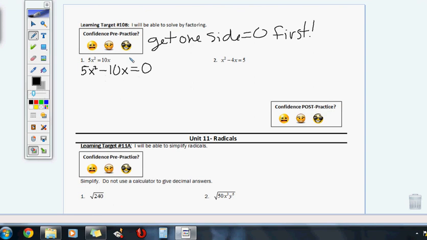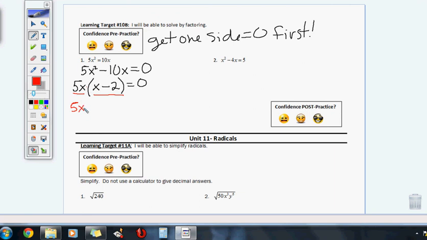Now we have to factor. It's called solve by factoring. So yes, a 5 comes out, but also an x comes out. We're doing GCF factoring here. So if I take 5x out, I'm going to have x minus 2 on the inside, and that equals 0. Well, if you remember me saying this many times, we have something times something equal to 0. So what does that mean?